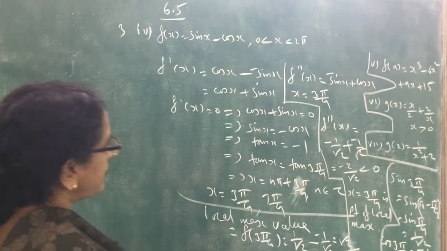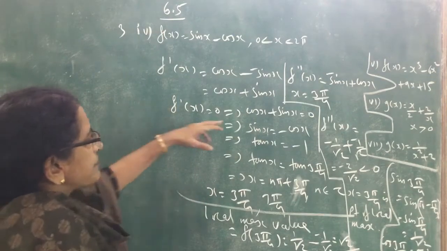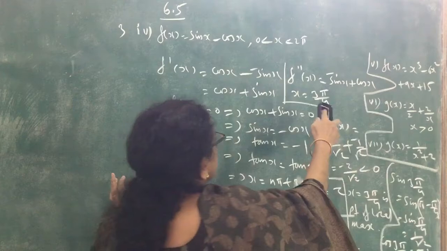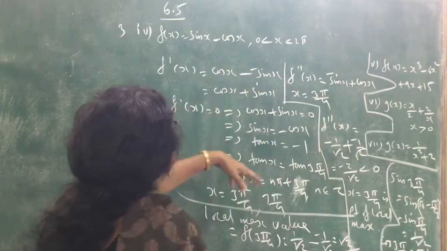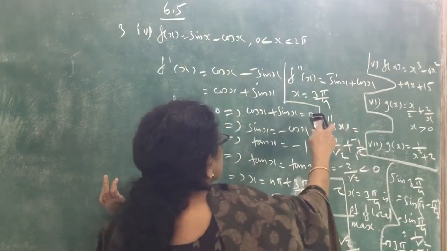When x equal to 7 pi by 4, we have to substitute in the second derivative. So this is the second derivative: minus sin x plus cos x. So we have to substitute that.